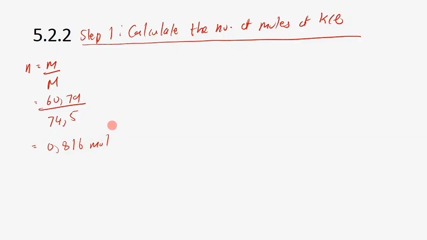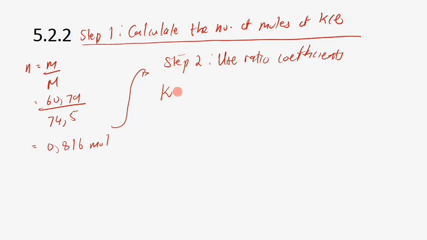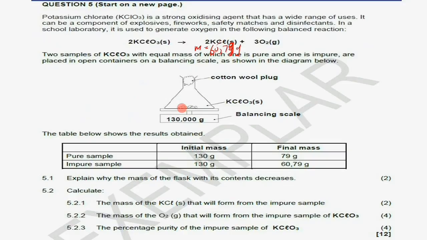And then from here we can use this to find the number of moles of oxygen gas. So step number 2 is to use ratio coefficients. What is the ratio of potassium chloride to oxygen gas? From here we can see that the coefficient of potassium chloride is 2 and the coefficient of oxygen gas is 3.